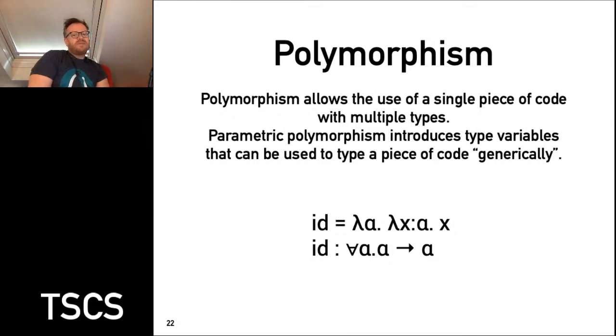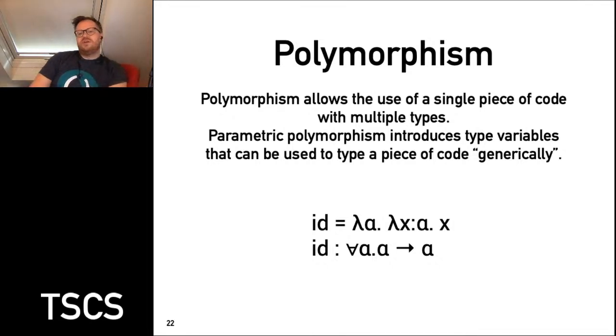Basically what you do is you say this function works for all types. This is the for all operator here, and we bind this type, whatever it is, as alpha. So the type of ID is alpha to alpha. This means we do not have to have types for integers, for natural numbers, for longs, for whatever.